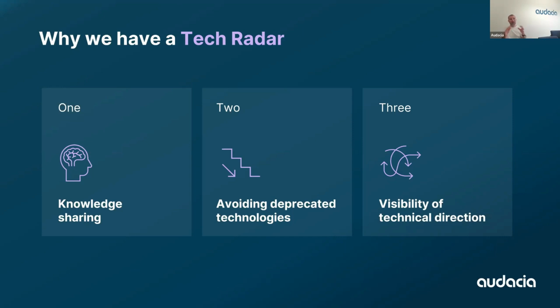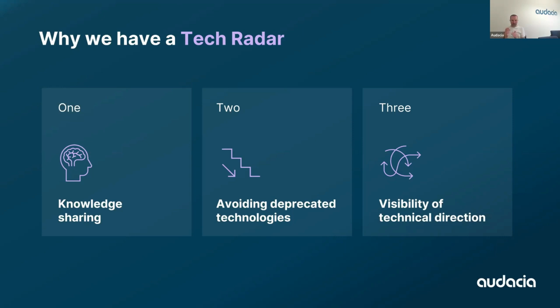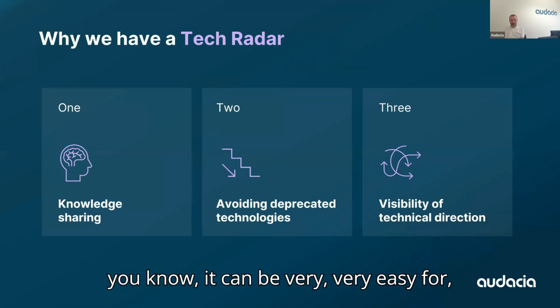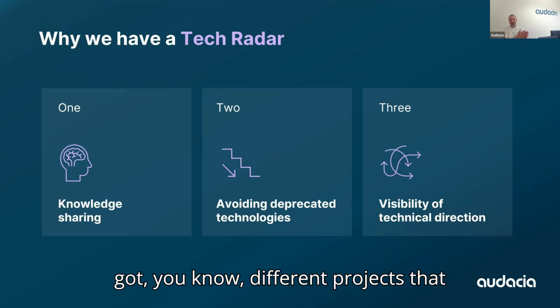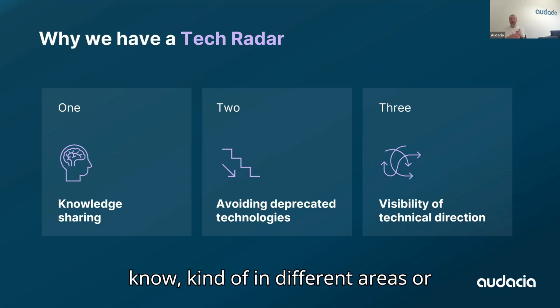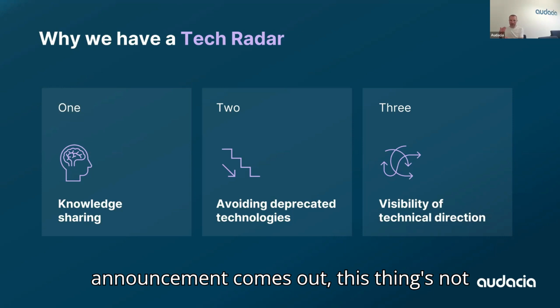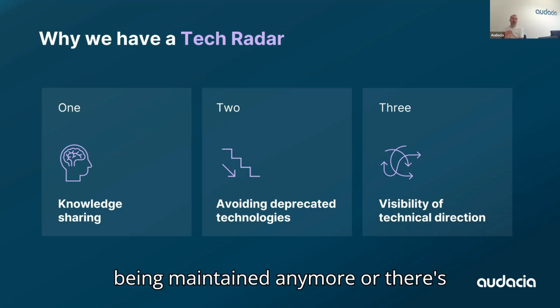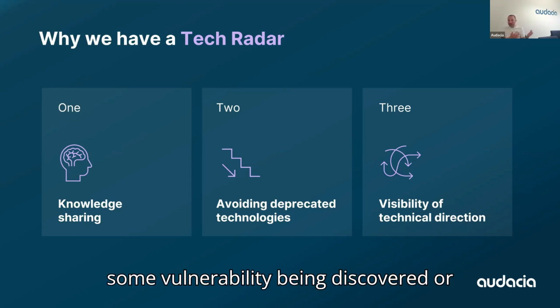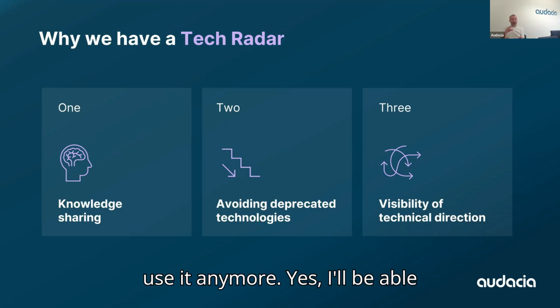I guess 2 and 3 are kind of opposite ends of the spectrum. So avoiding deprecated technologies can be very easy, especially if you've got different projects that are in different areas or wouldn't naturally be communicating all the time, for one project to discover, oh, this library's been deprecated, or an announcement comes out that this thing's not being maintained anymore, or some vulnerability has been discovered with a certain platform, and we shouldn't use it anymore.